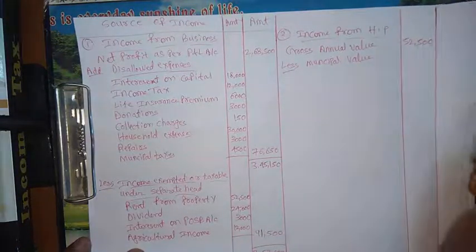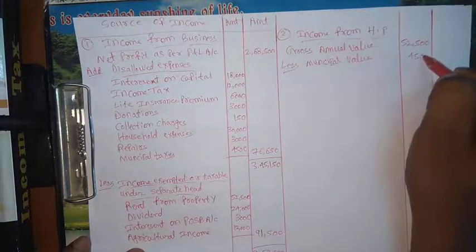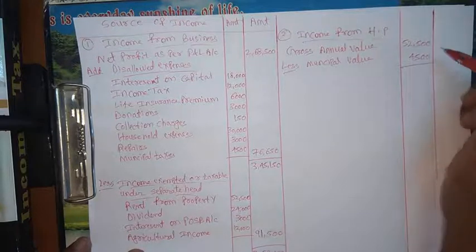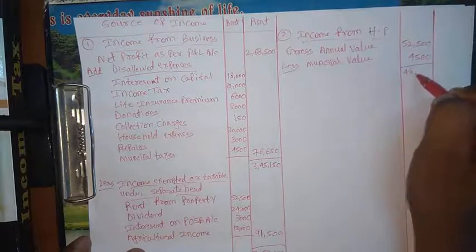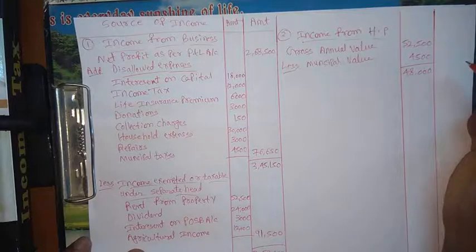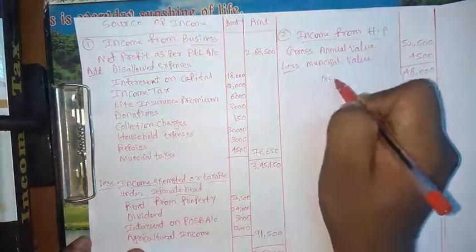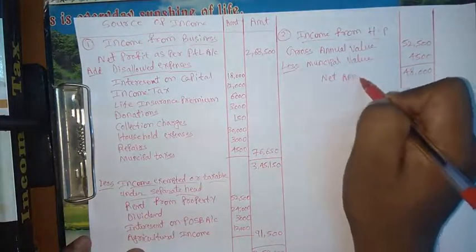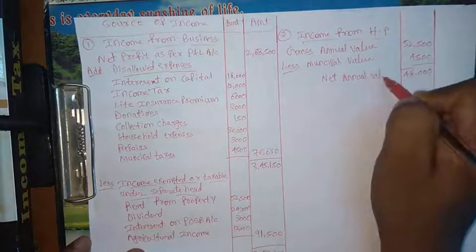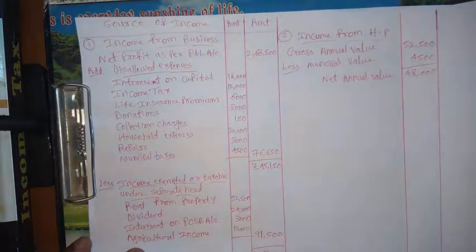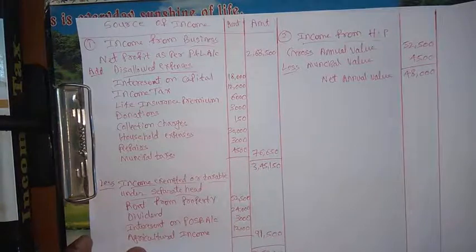Municipal value given in the problem is 4,500 rupees. So we will get 48,000. So this is net annual value.